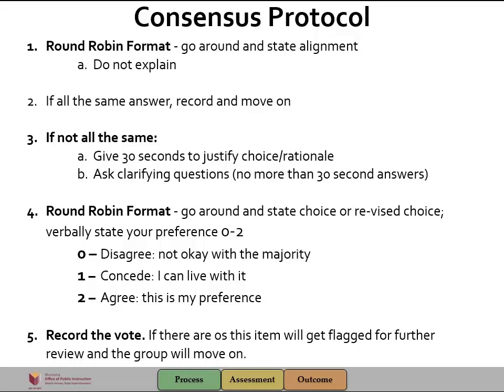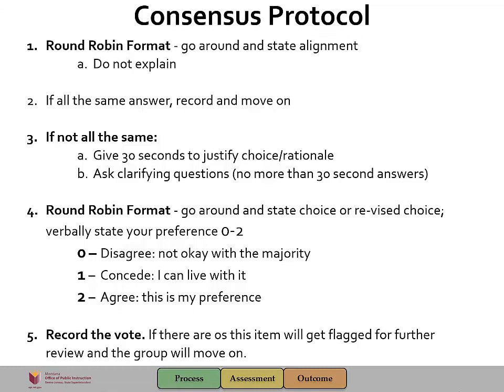Using the 0 to 1 scale, it'll be necessary to state whether or not they can agree, that is their preference. If they can concede, that means they can live with the decision that the majority of the group have, or if they're not okay with the majority and they disagree, now record the vote for the majority. And if there are any zeros for this item, you can flag it for further review.